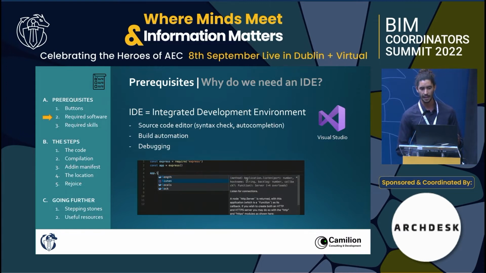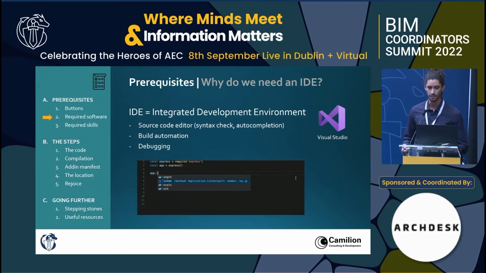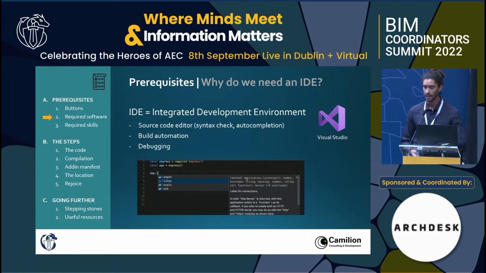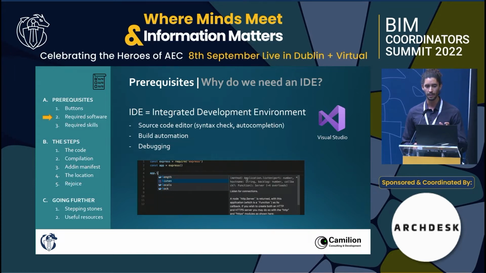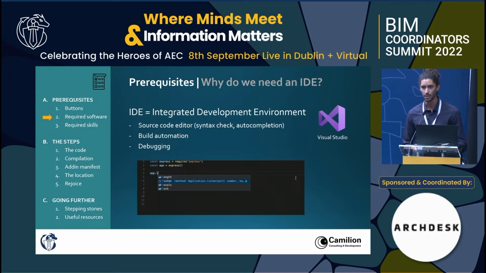So basically, an IDE has three main functions. It's a source code editor, where you can get syntax checking and auto-completion. In this GIF, I don't know if you can see, but it's an example of auto-completion. Basically, you start typing the code, and the software gives you a list of options of what you are trying to achieve.